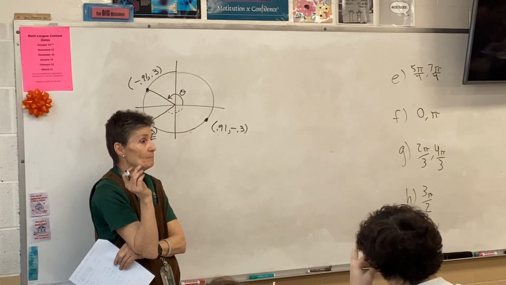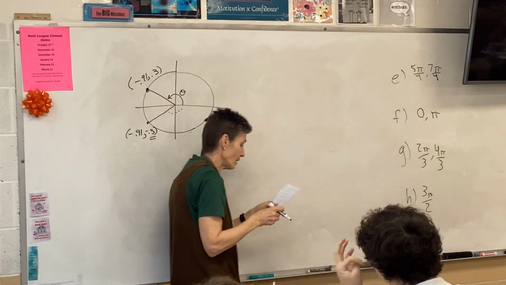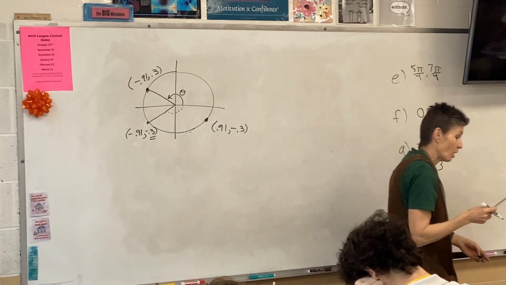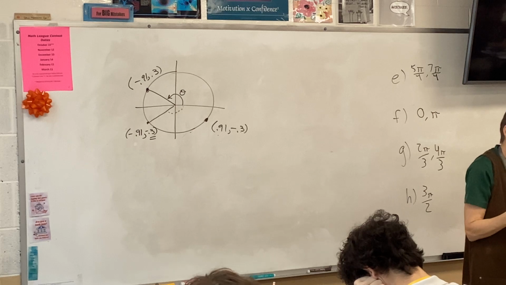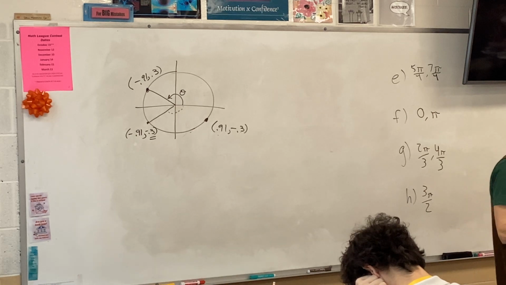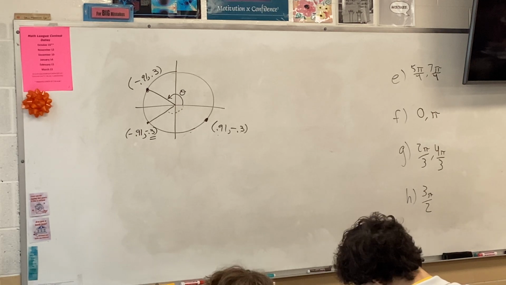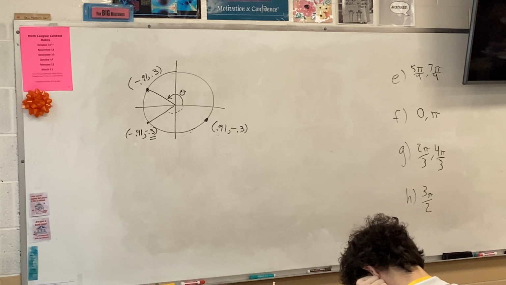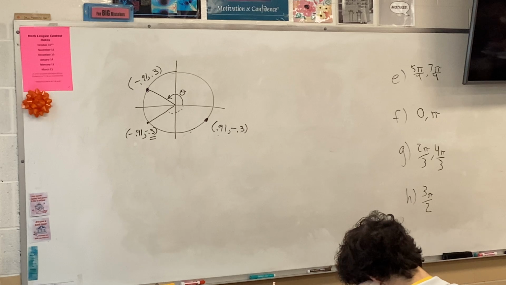Everybody okay with that? All right, number 12, which are coterminals? There can be more than one answer. How do we tell if things are coterminal, or how do we find coterminal things? We add a revolution. So in this case, we would be adding or subtracting 14 pi over 7.